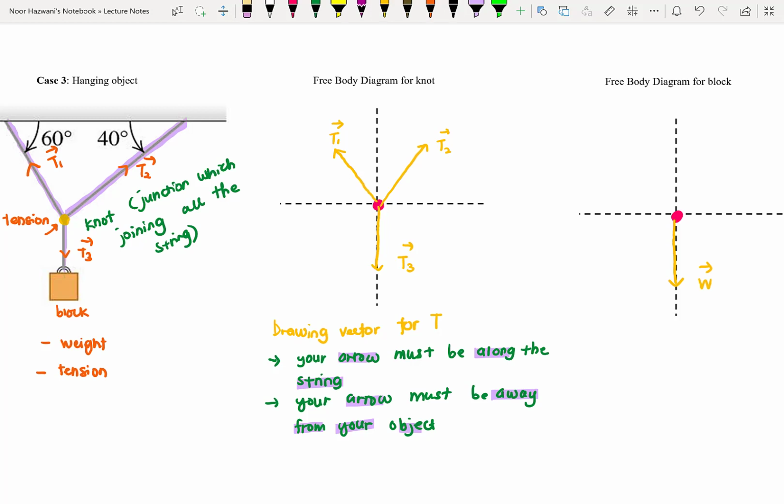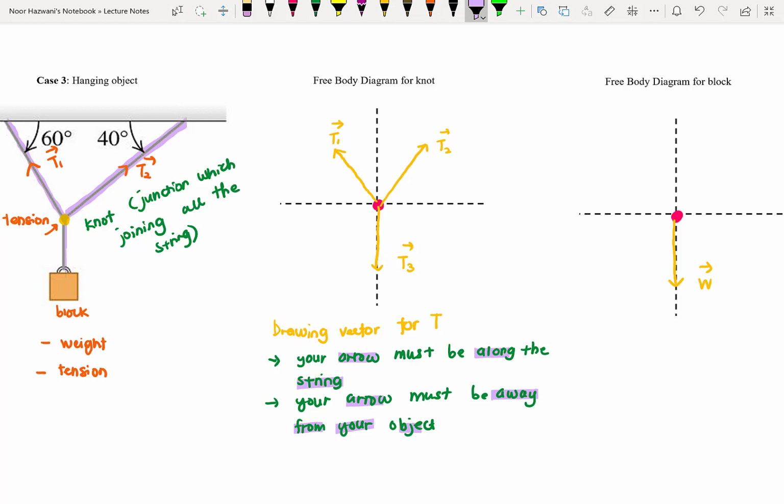Okay, so this time your T3 is not pointing downward. Why? Because this time your object is the block. So this is your string, but then for the second condition, it said that the arrow must be away.